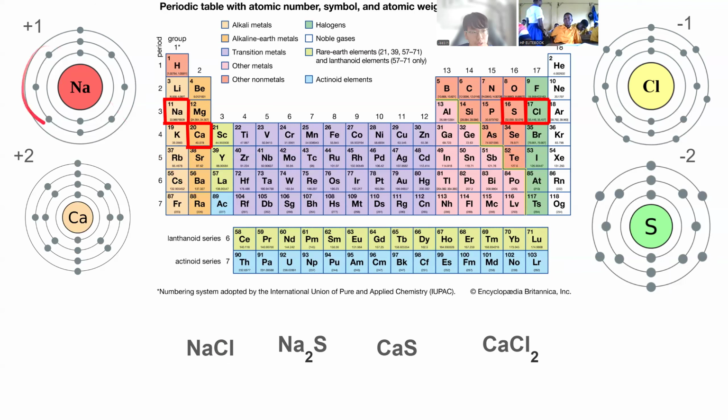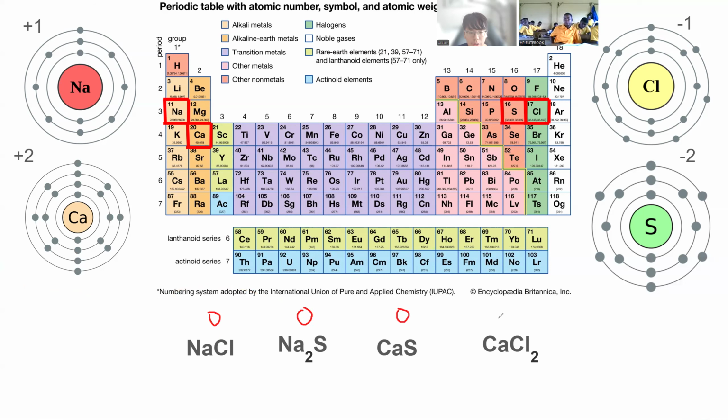What about sodium and sulfur if we want to combine them? Sodium has a +1 charge, but sulfur has a -2 charge. So we need 2 sodium ions and 1 sulfur ion to make the charge 0.